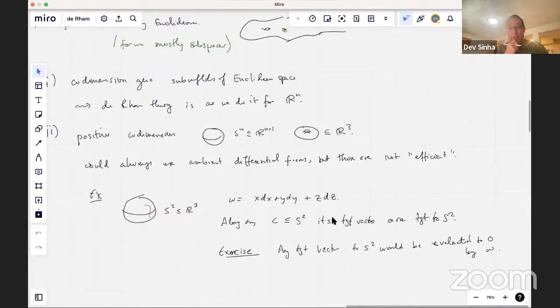So what you could do is formally say that omega is set to 0, and you could work with forms, knowing that we're systematically ignoring the ones that always integrate to 0. That would work okay.